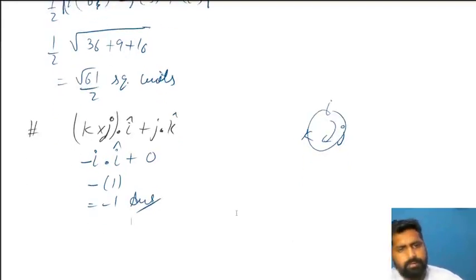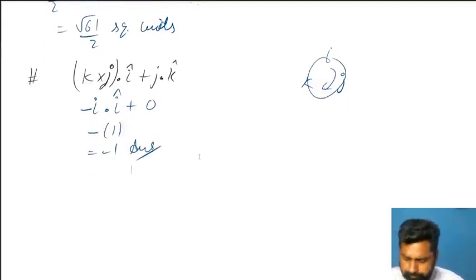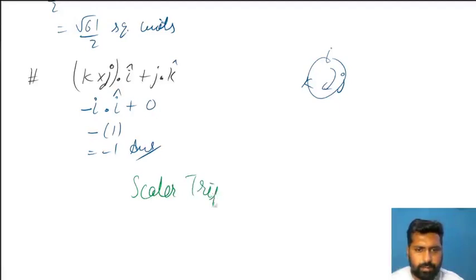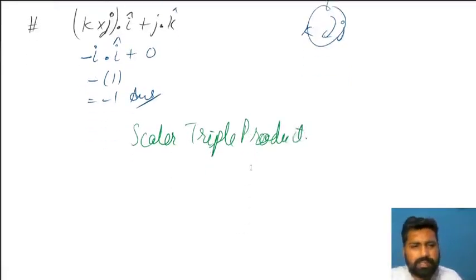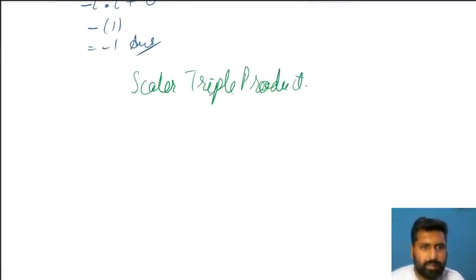These kinds of questions can be created. Now next is scalar triple product. I'll give the basics. The problem with the scalar triple product is it's slightly lengthy to calculate.